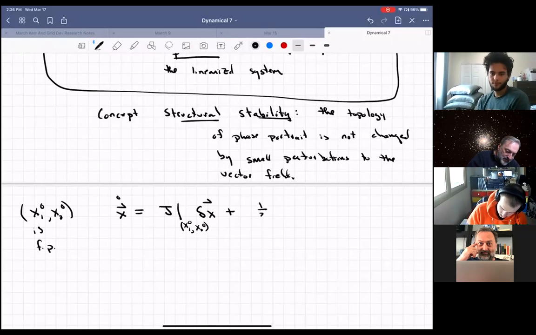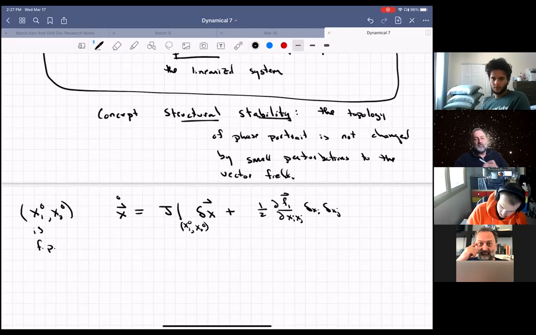There are terms that look like a half the second derivative of f with respect to xi, xj, delta xi, delta xj, which captures all the terms. Right? So these represent small perturbations.